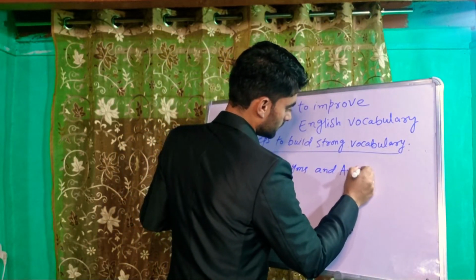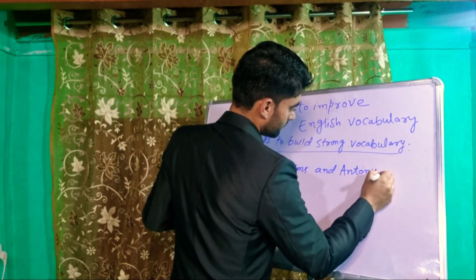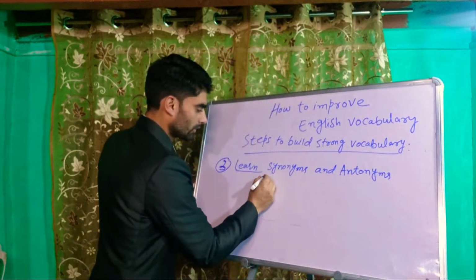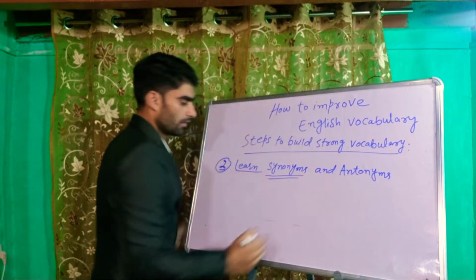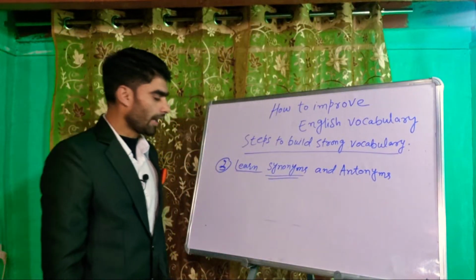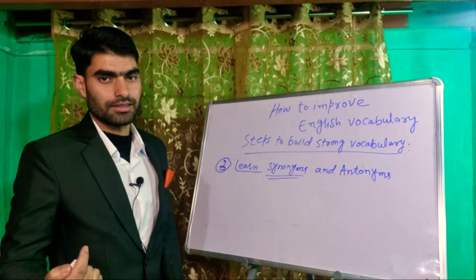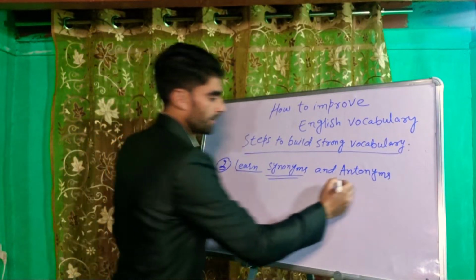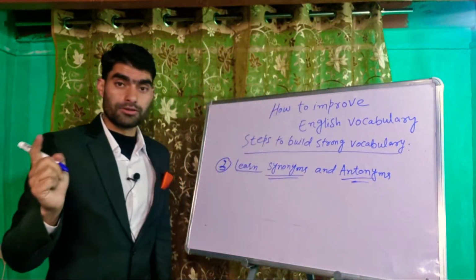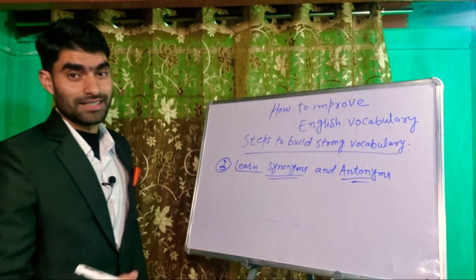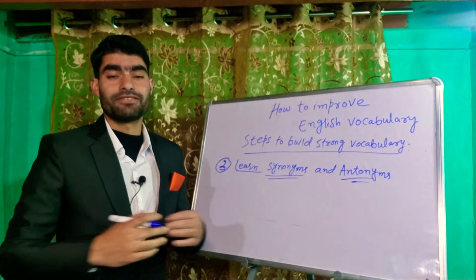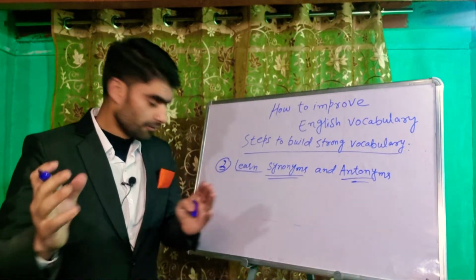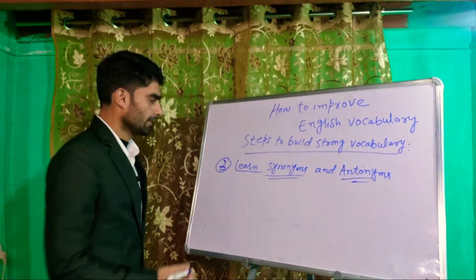Okay, what does this mean? Synonyms are the words that have similar meanings. Okay, maybe different spellings but similar meanings. Antonyms are also words but they have different meanings. Got it? For an example, we will take some example.